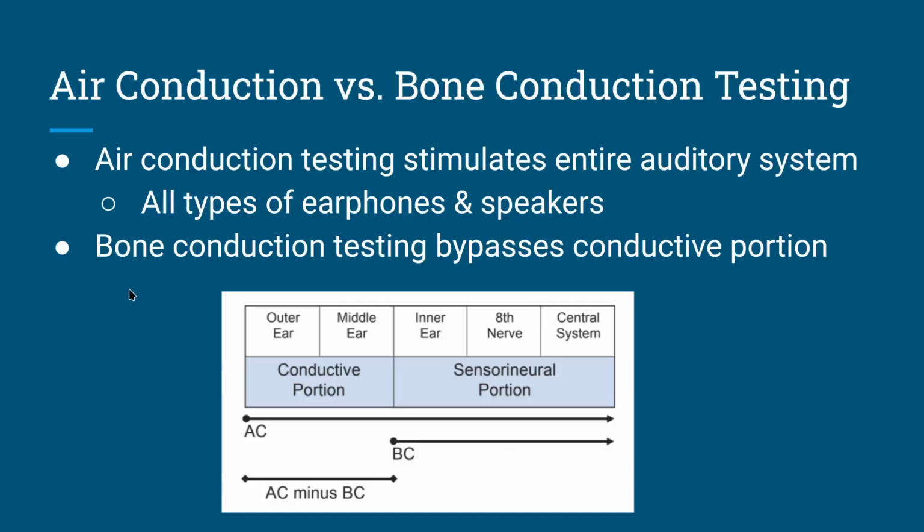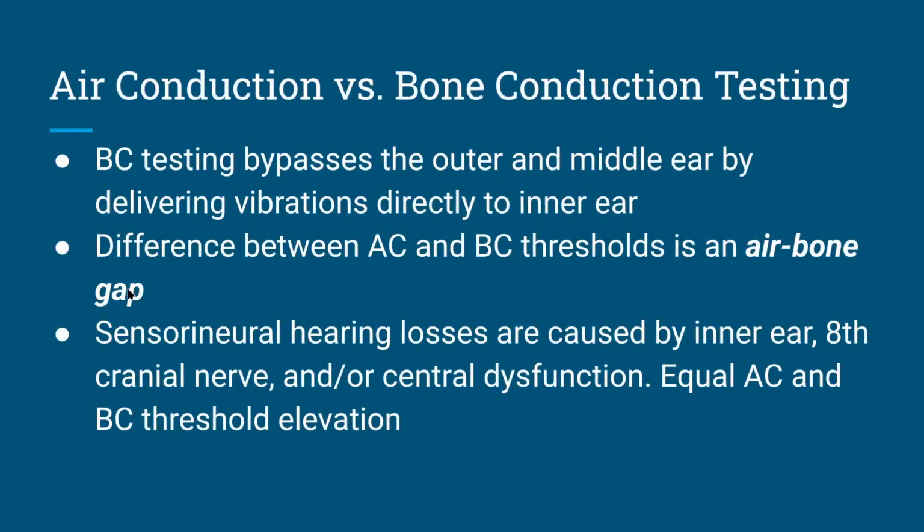And that's our goal for bone conduction testing. So the way bone conduction testing bypasses the middle ear and outer ear is by delivering vibrations directly to the inner ear. The difference between air and bone conduction test thresholds is the air-bone gap.